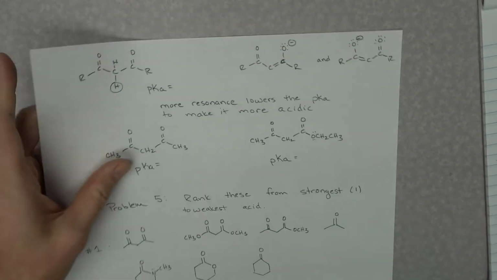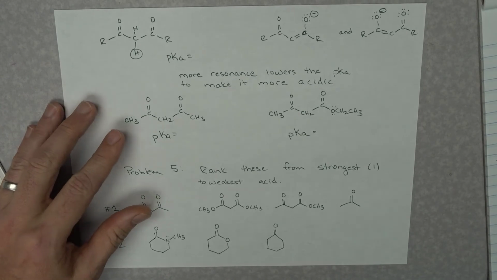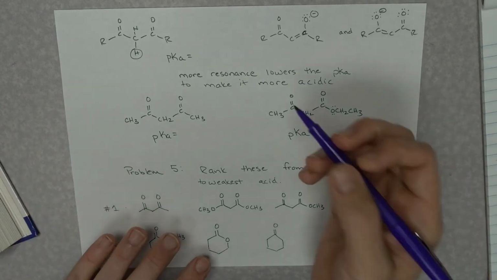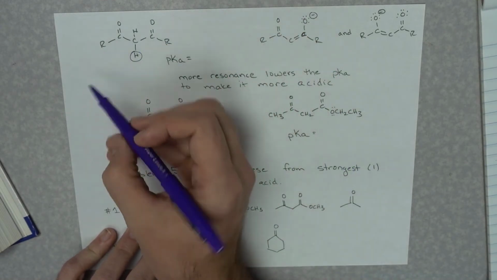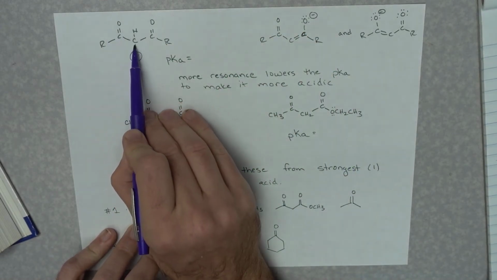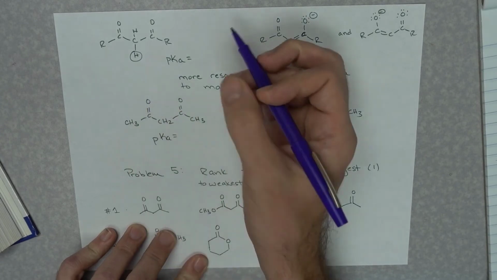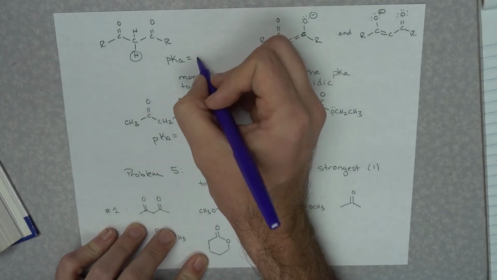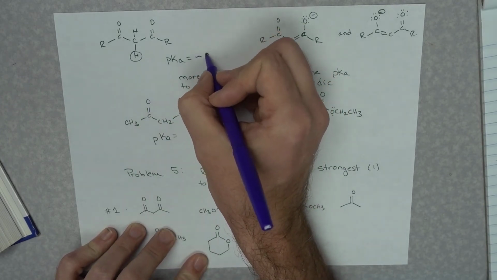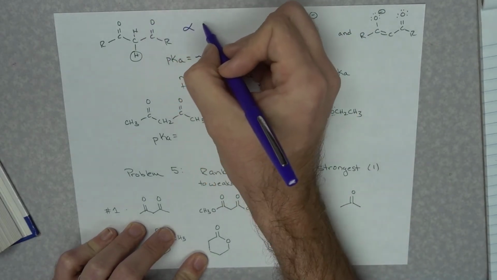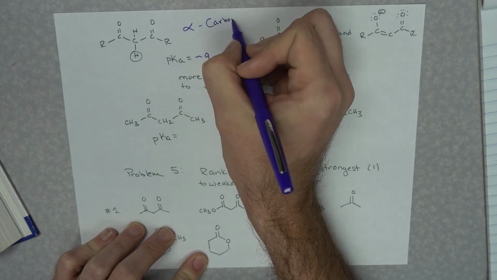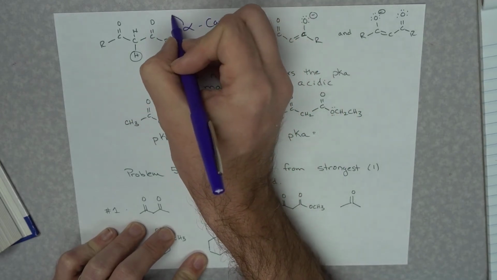Now, we can make a much stronger version of the same thing. If we were to have this kind of structure here, where we've got a carbonyl, a carbon, and another carbonyl, then this would have a pKa of about 9. And just to be clear, at this point, this is the alpha carbon, or at least one of the alpha carbons.